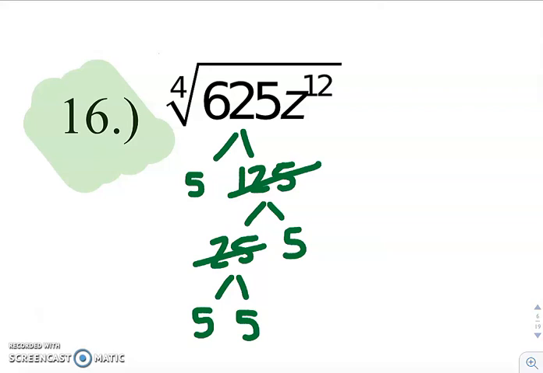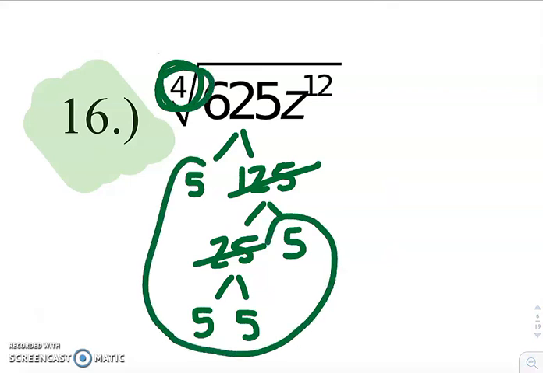Cross out the ones that are not prime numbers. Since we have a 4th root, we need a group of 4 things alike. Because this is a perfect 4th root, there's nothing left to stay underneath the radical.